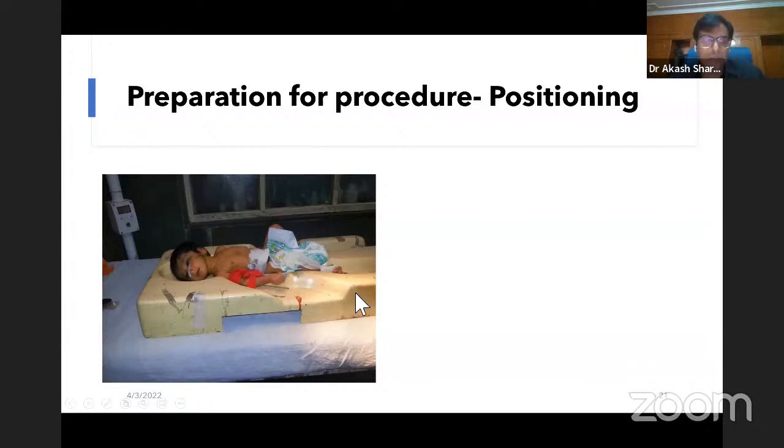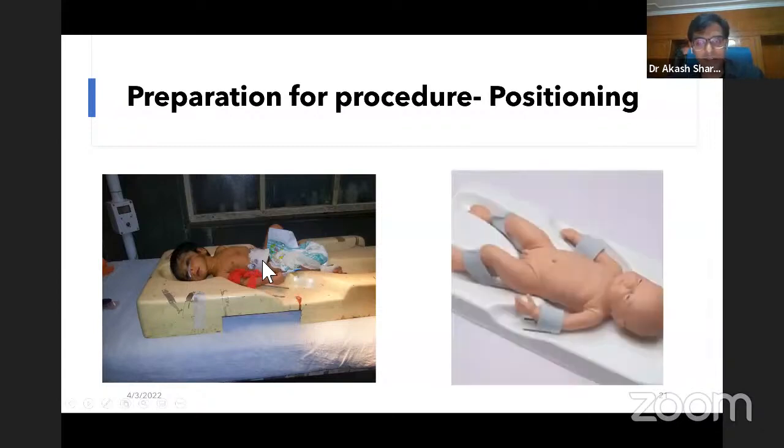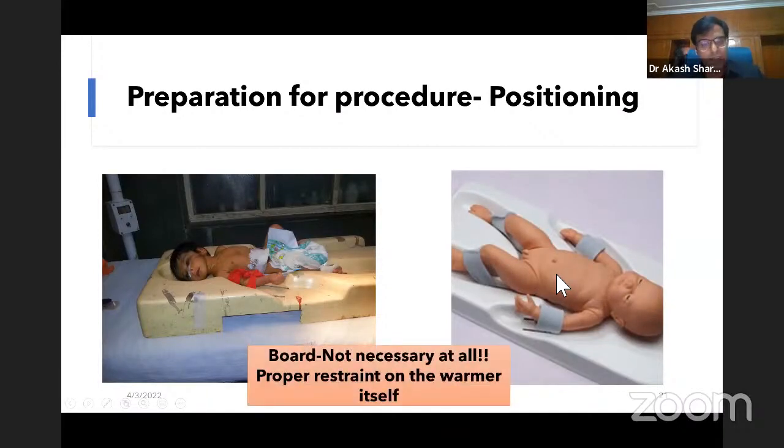Generally people used to put the child on this and tie them up, and then perform exchange transfusions. There are some better versions of it still available, like this one from Natus. But you actually don't need a circumcision board. You can properly restrain the child on the warmer itself, and you should provide non-pharmacological analgesia to the child, with some proper restraint.